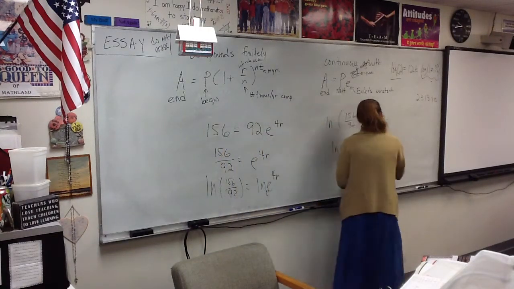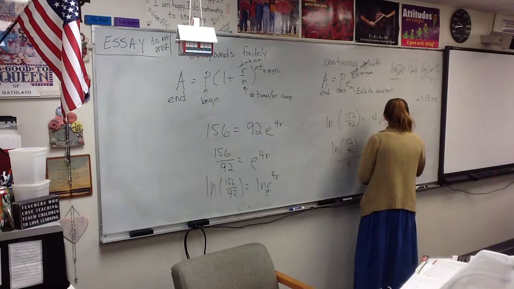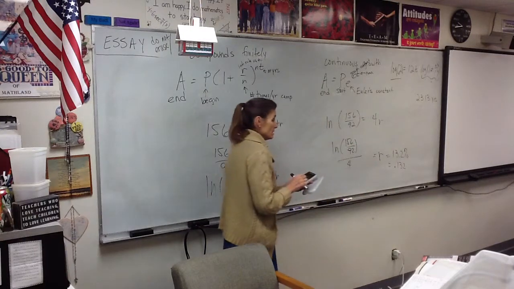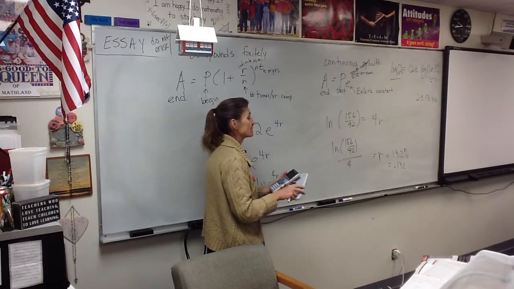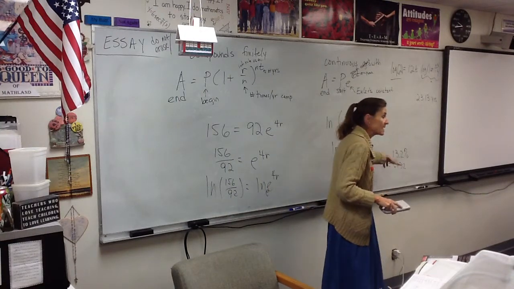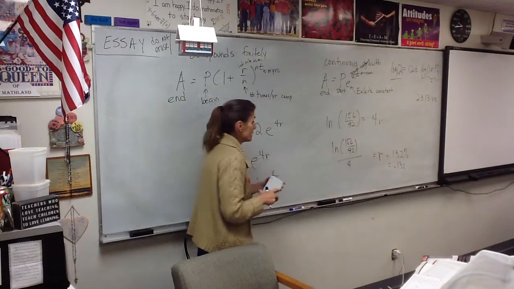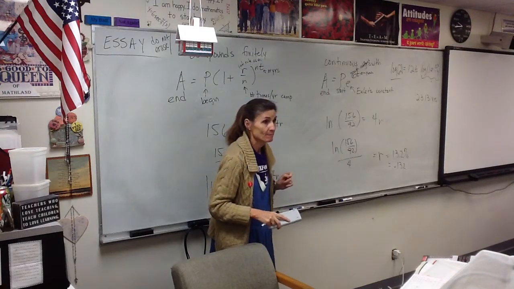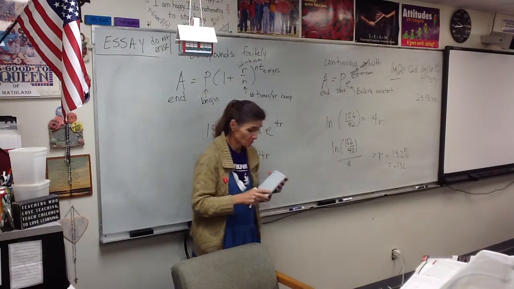I got about 13.2% or 0.132 if you left it as a decimal. Now this isn't a money problem, but that's the equivalent of the interest rate. That's how this thing's growing. That's 13.2% per what? Minute. Yeah, this is growing pretty fast.